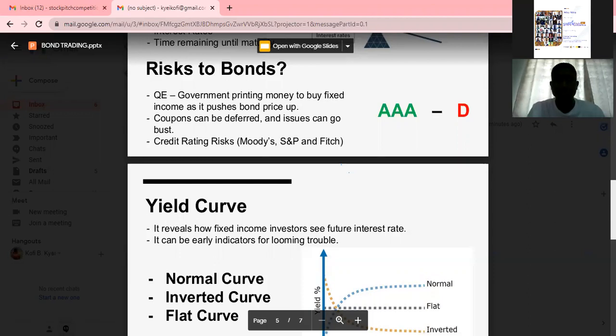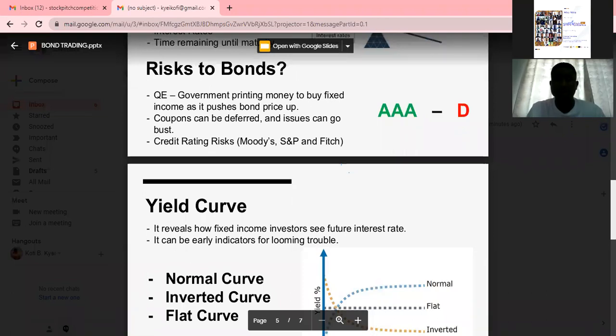Okay, the US government did that when there was the outbreak of the COVID-19. They were issuing, they were printing a lot of money to purchase these securities that were being offered on the market.